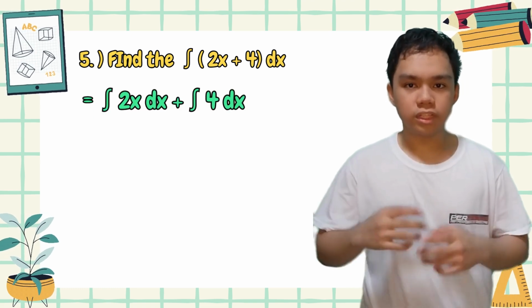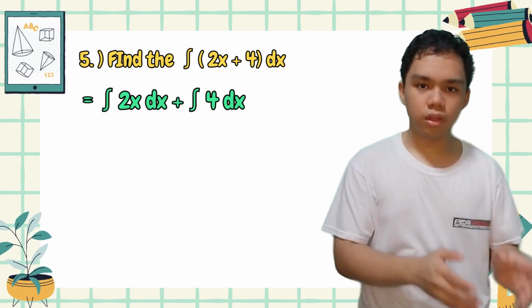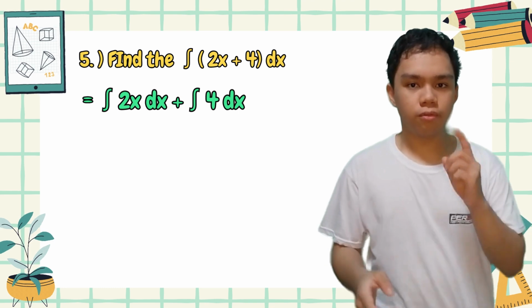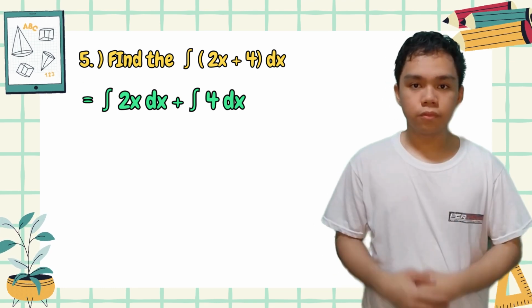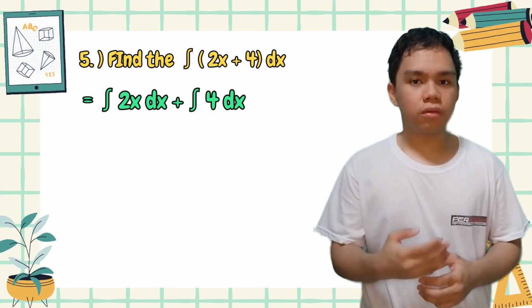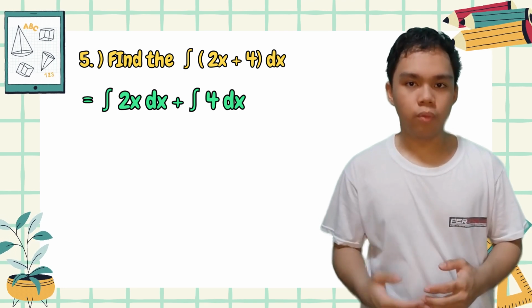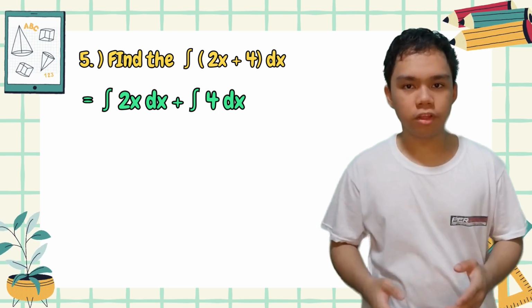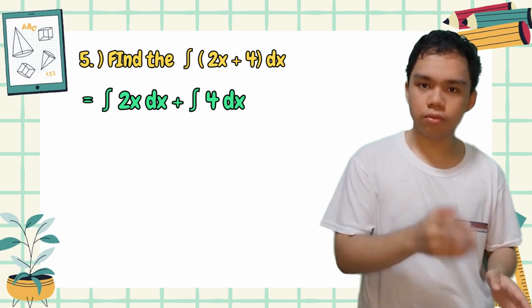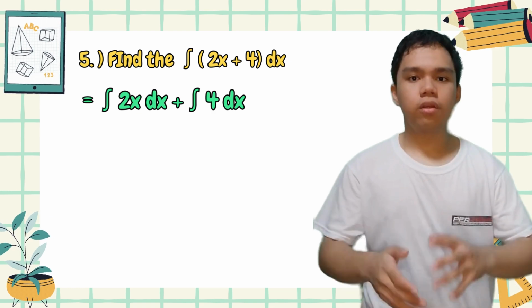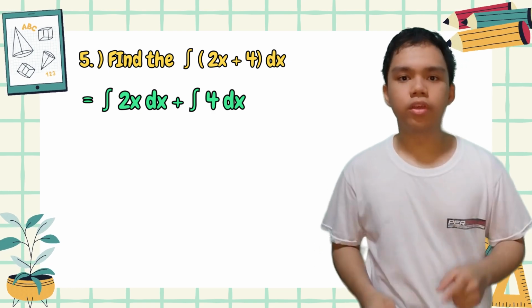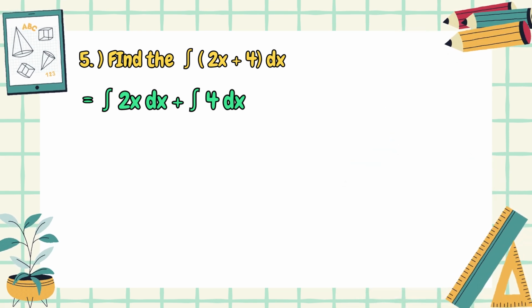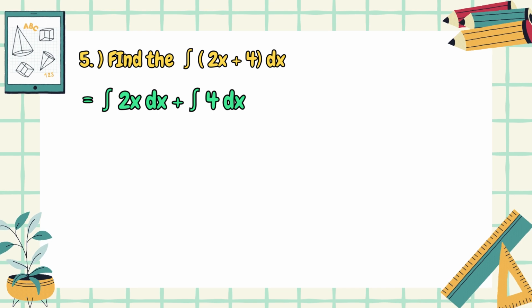Applying the sum rule, separate the integral into the integral of 2x dx plus the integral of 4 dx before you can integrate them.